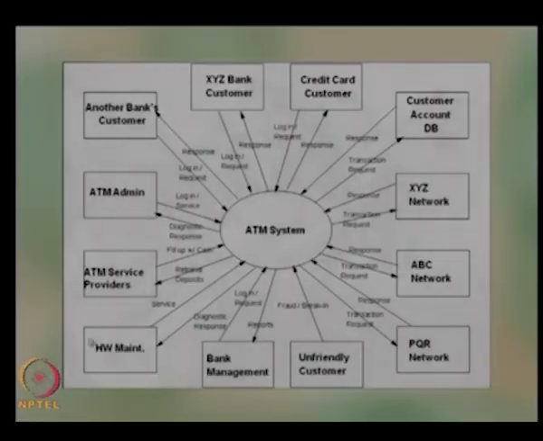There will be hardware maintenance also, which will be maintaining the system, and whenever there is a problem they will be attending along with the service providers. So these are the different external systems interacting with the ATM, and you can go further down to this level and identify what kind of interaction takes place.